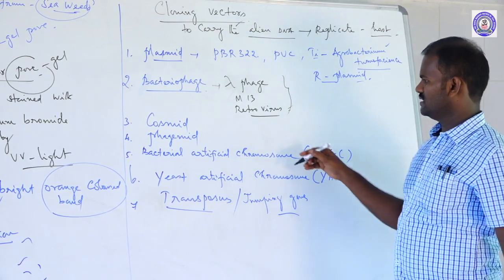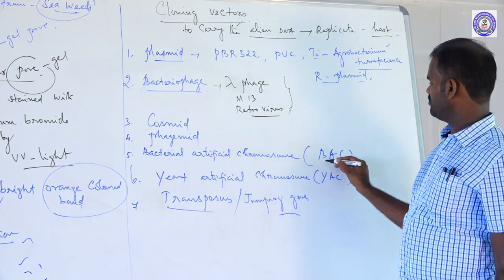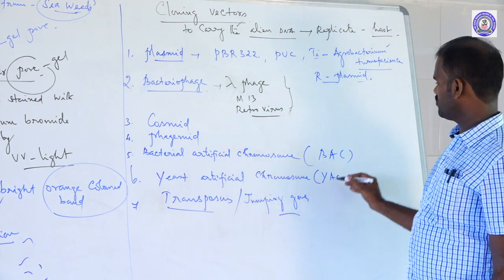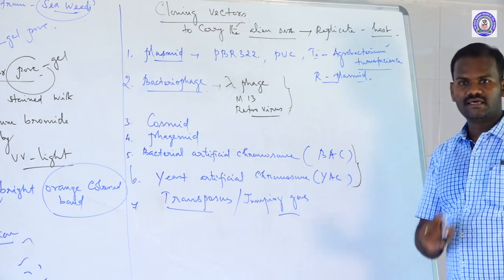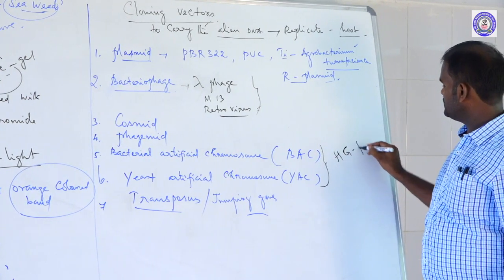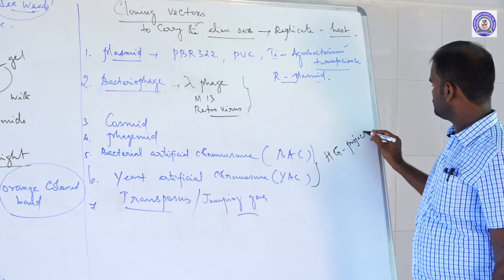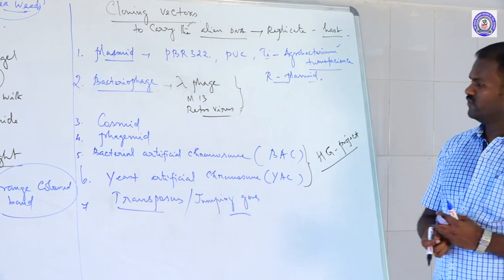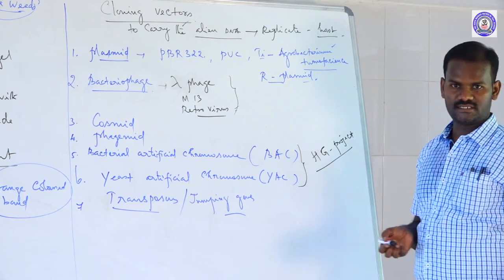Cosmid, phagemid, bacterial artificial chromosome BAC, and yeast artificial chromosome. These vectors are mainly used in the Human Genome Project. Remember, these are used in the Human Genome Project.